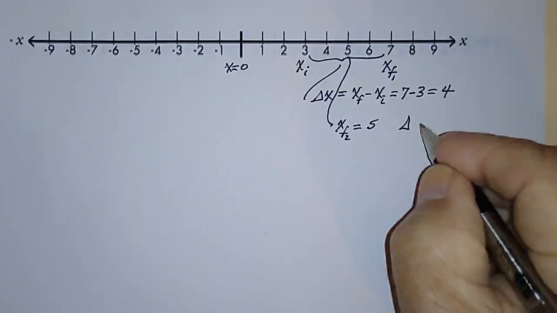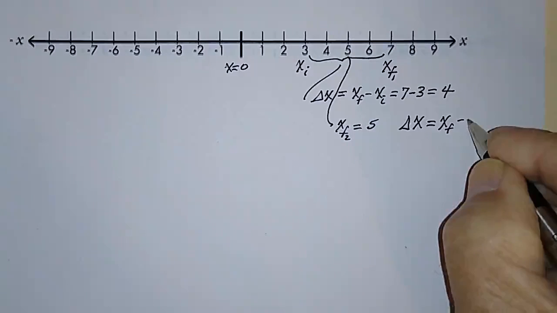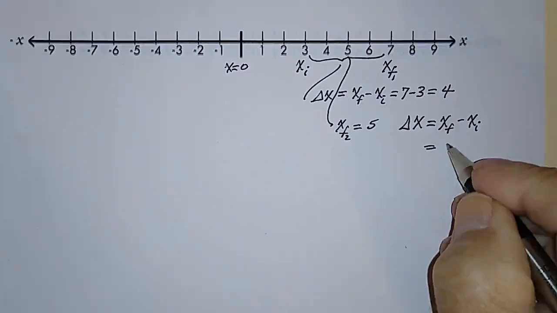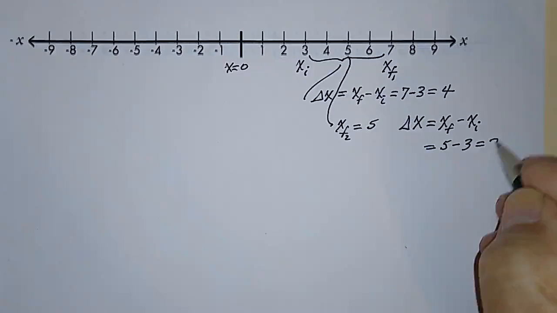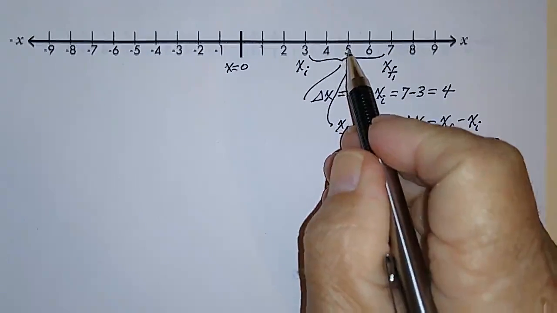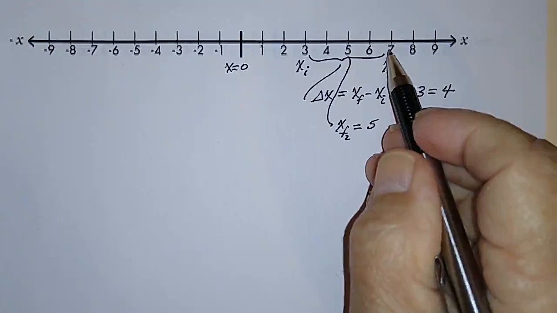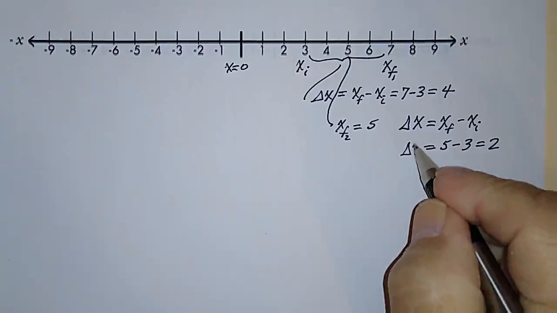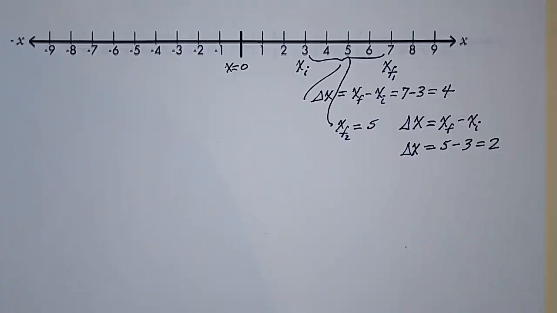Now the displacement is equal to x final minus x initial, so that's equal to 5 minus 3, which is equal to 2. Again, I still have a positive displacement of 2 units, although I went actually out here to 7 and came back to 5.